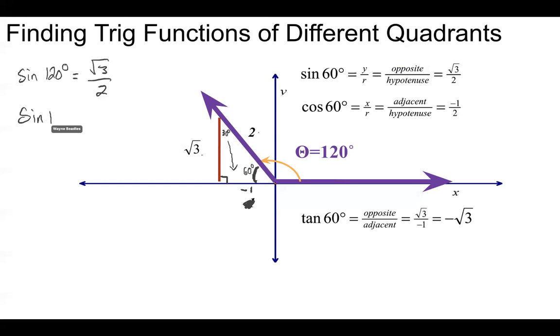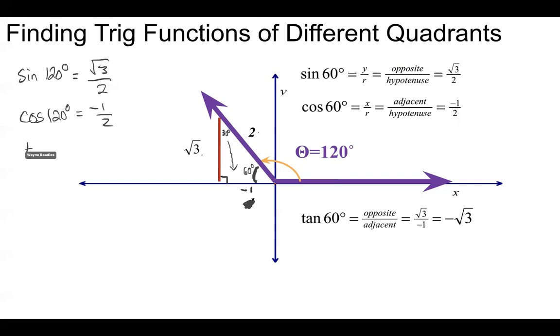Sine of 120, oh, I'm sorry, cosine of 120 is adjacent, which is -1 over 2.